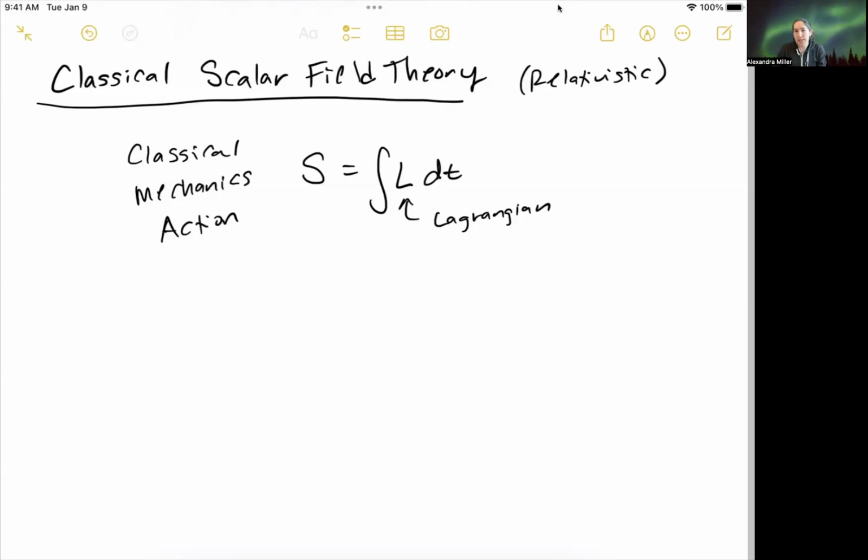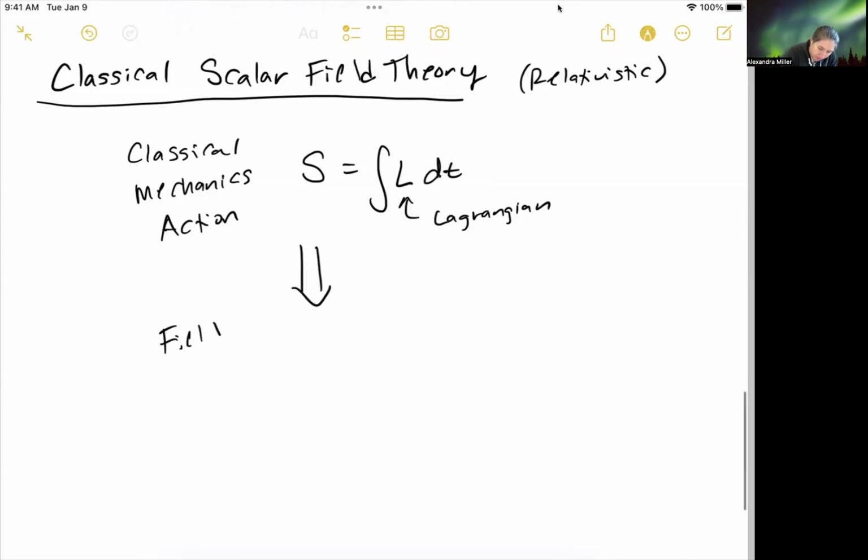This action, as it's written, looks like it's treating time as sort of special. It's this integral with respect to time specifically. So it's treating time differently than our other coordinates.